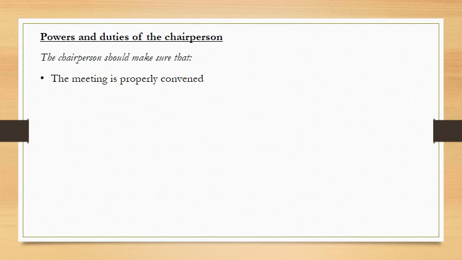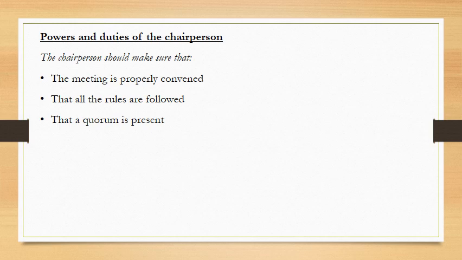Must make sure that the meeting is opened properly and people are welcomed. We're going to look at that when we look at the notice, the things that must be done for a meeting to get started. A chairperson must make sure that all the rules are followed. Remember the rules, the constitution, the statutes, the customs, common law. So the chairperson makes sure that all those rules are followed.